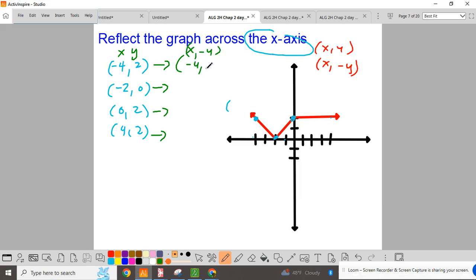So copy the x value, flip the sign of the y, and repeat for each point. So -4, -2, then -2, 0, still the same, 0, -2, and 4, -2. So we know the graph keeps going there. There you go. Very easy, right?